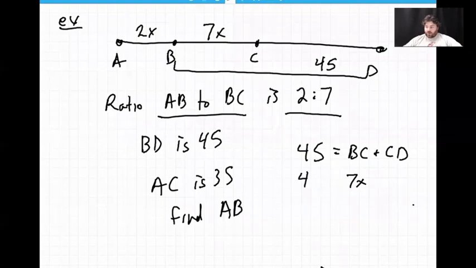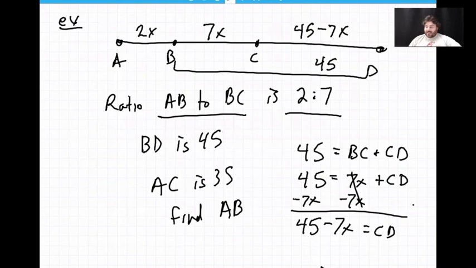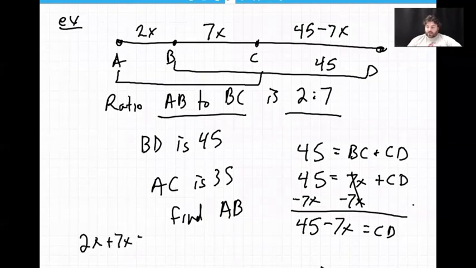So I know that 45 is just 7x plus whatever CD is. And if I subtract 7x from both sides, I get CD in terms of x. CD is just 45 minus 7x. So I can write that here, 45 minus 7x. Now I know that AC is 35. So I've got AC is 35. Well, that's 2x plus 7x. That has to equal 35.